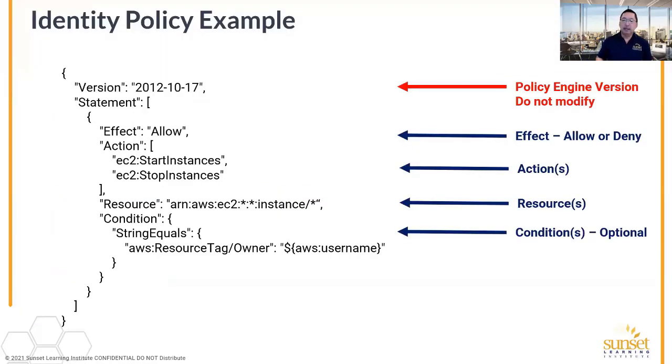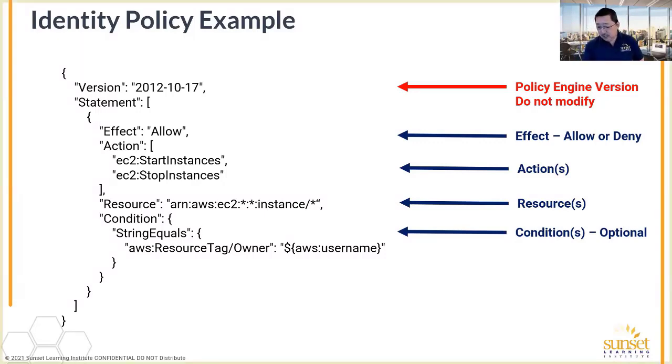Okay. Now, what does an identity policy look like? Well, you can see from this particular policy that we have a version number, and then we have some key pieces. We have the effect, and the effect is going to be an allow or deny. Then we have an action. What actions can this particular user take?